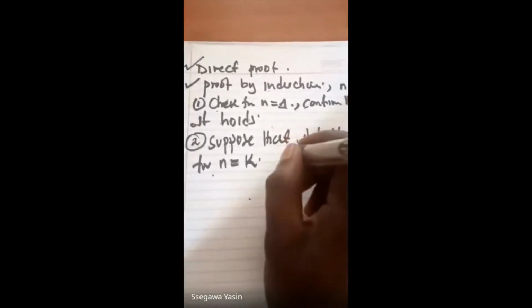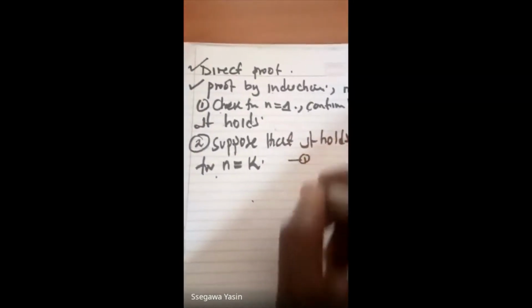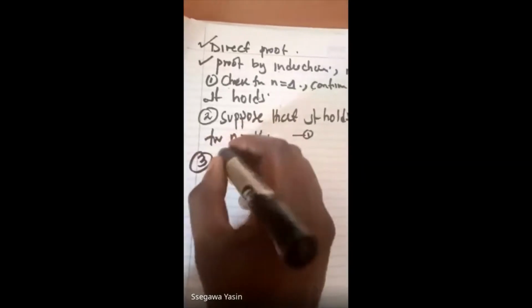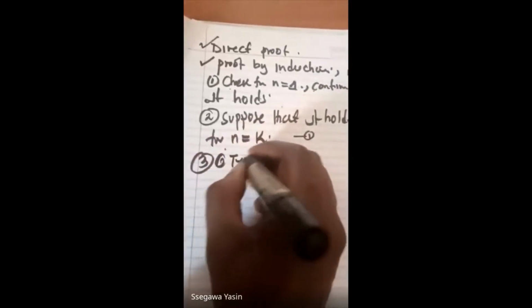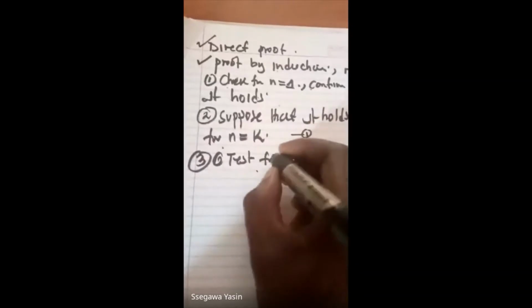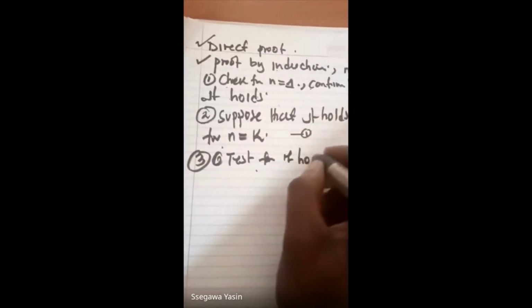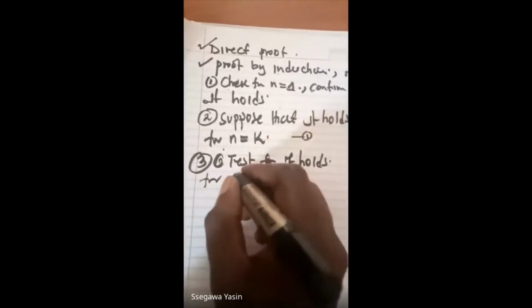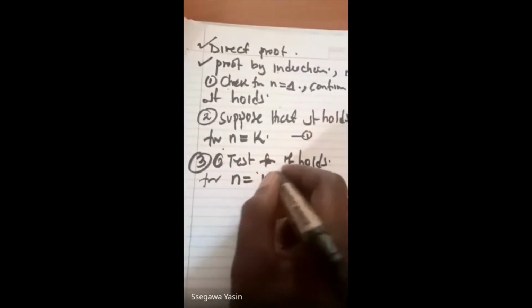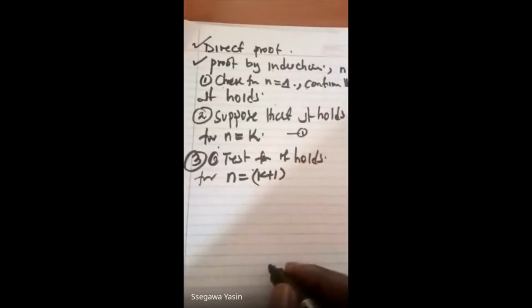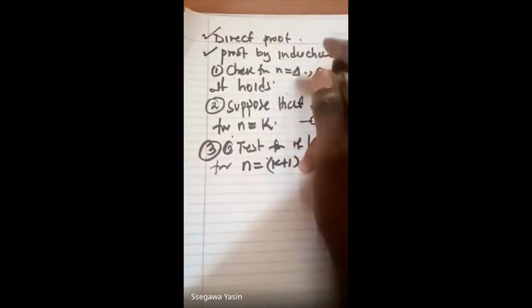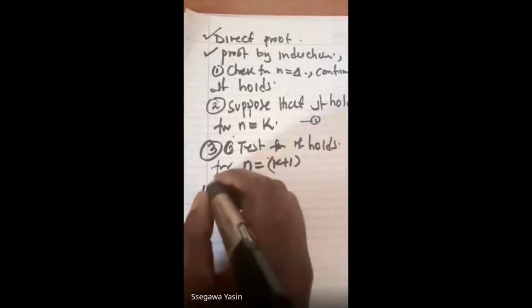You call this one equation 1. 3, you test if it holds for n equals to k plus 1. If you do the 3 steps, then you conclude.